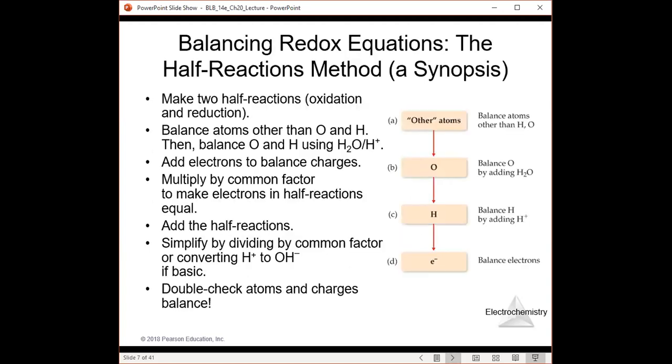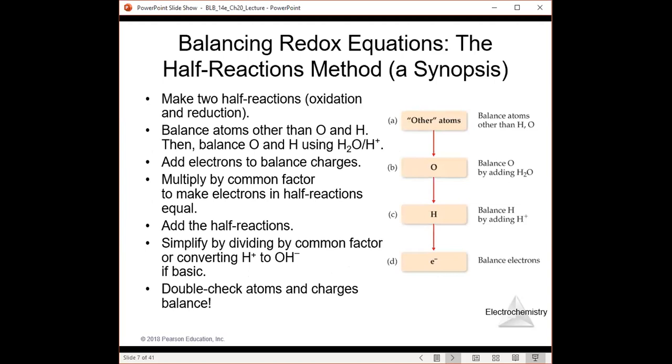Now, when you are balancing these redox equations, there's a half reaction method that you have to do. The key to balancing these is understanding what is going on with water and hydrogen and oxygen.